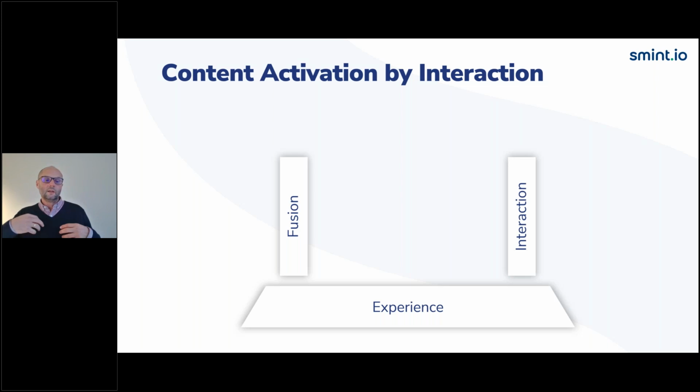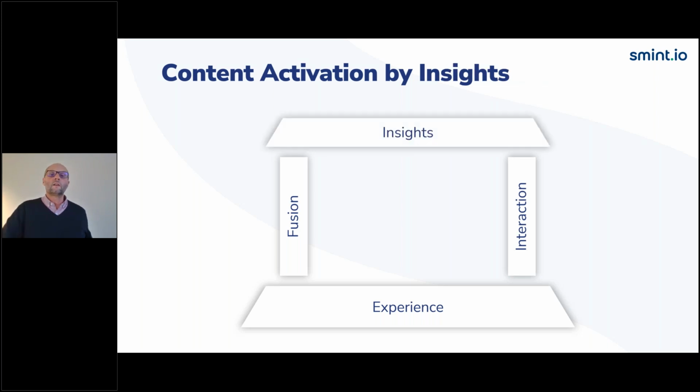You need to be providing means for your users to interact with the content, but also among each other. You need to have a good way of searching, finding, downloading, creating collections, rating, commenting, for example, around the content in order to really serve the needs of that community. Now, of course, the roof is insights.